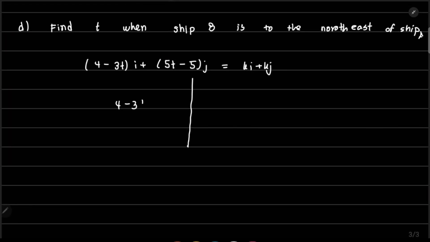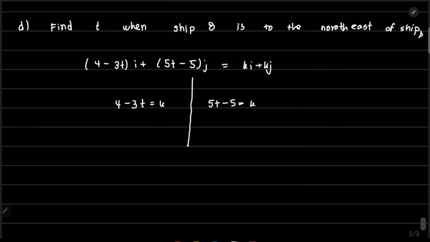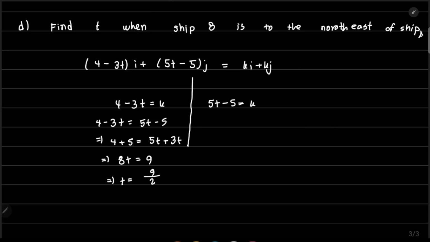We'll get 4 minus 3t equal to k and 5t minus 5 equals k. Now we can just substitute one of them. So I'll substitute k equals 5t minus 5 from here. So 5 plus 4 equals 5t plus 3t. The value of this comes out to be 8t equal to 9. T comes out to be 9 by 8 hours.